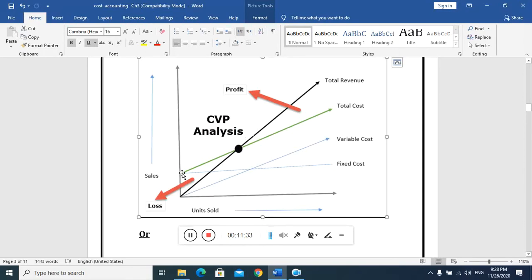And fixed costs are fixed, constant despite the change in the level of activity in total, as we know. So fixed cost will have a blue line parallel to the horizontal axis of units sold.